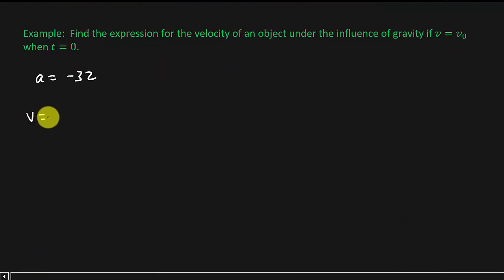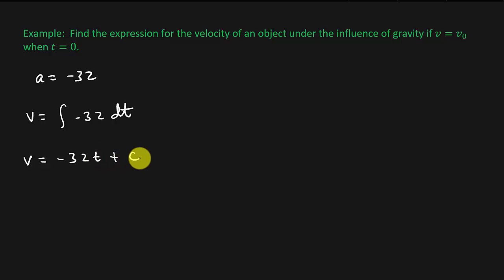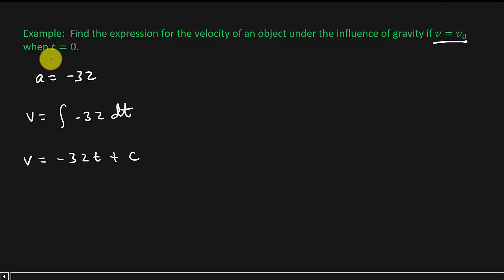So that tells us v is the integral of negative 32 dt. And so v is equal to negative 32t plus c. Now, does it give us information to find c? Yes. It tells us that the velocity is equal to v naught when the time is 0.